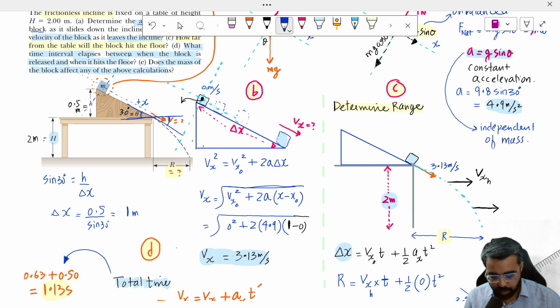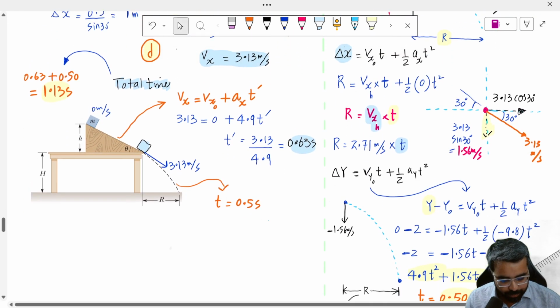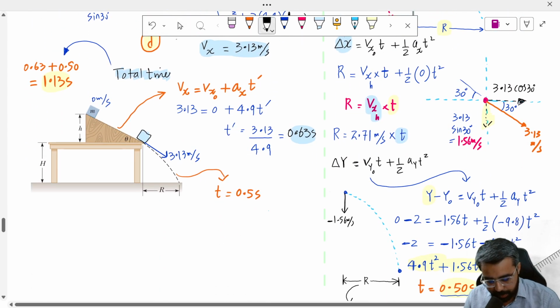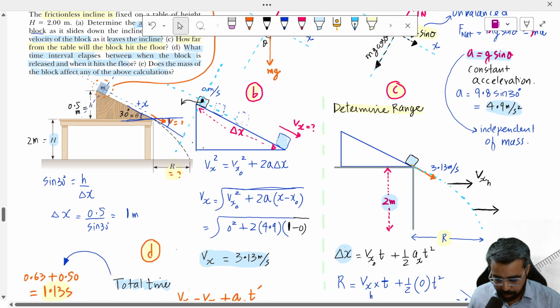So no matter whether it is a smaller block or a larger block, it will not affect its acceleration. And what about the second segment of the motion? What was its acceleration during that? It is negative g, because that's a free fall motion. So both accelerations are not affected by the mass. So its answer should be no, it does not affect the above calculations.